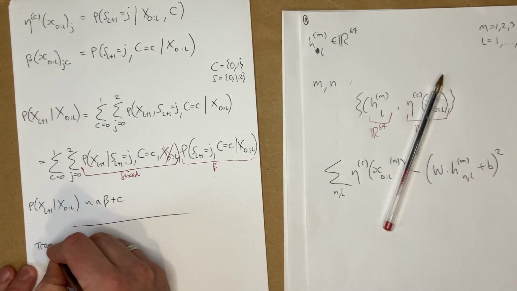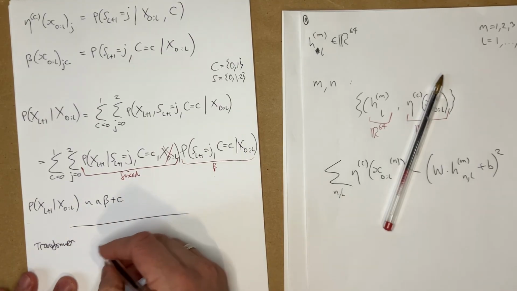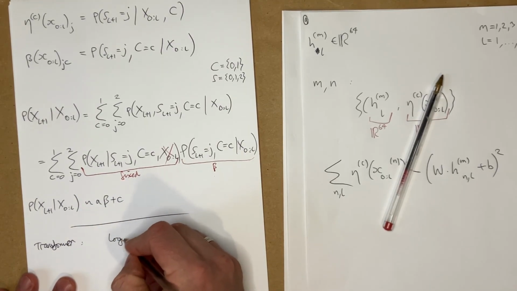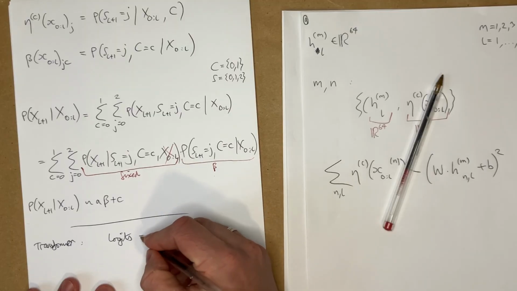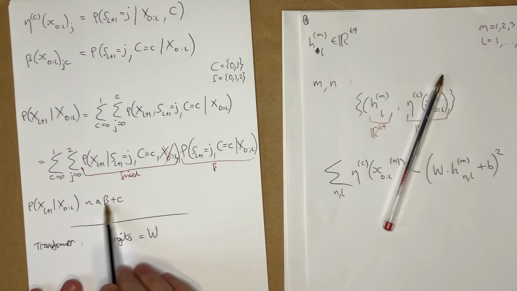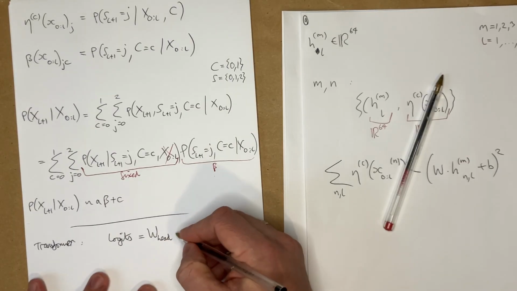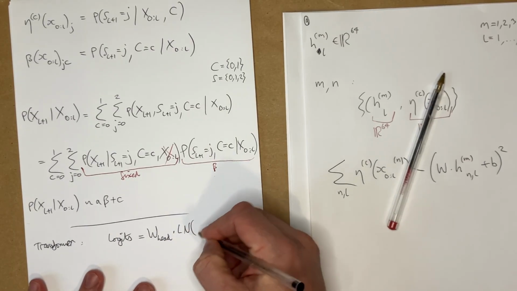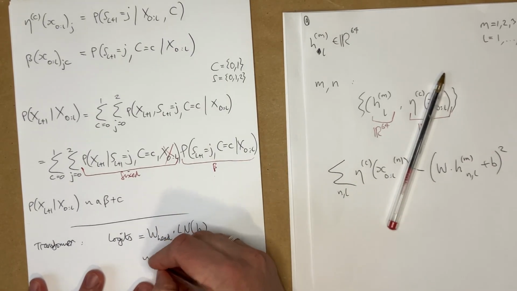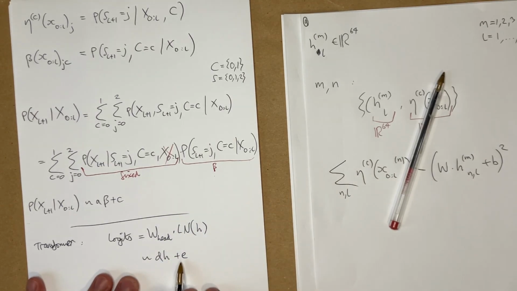So what the transformer does is its logits are, based on what I read in the paper and on the observation that this quantity is linear in beta, going to be proportional to the layer norm as a function of h, which is essentially a linear function of h. I'm just going to write that as d of h plus e.